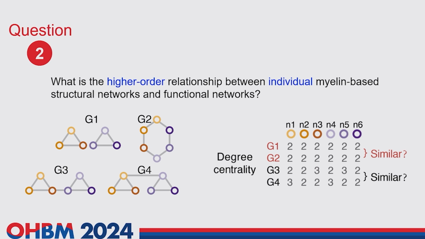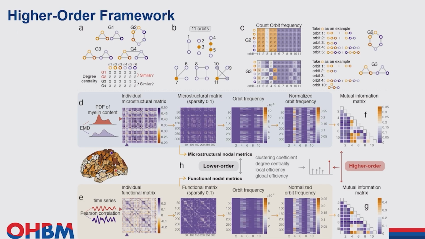G1 is two triangles, and G2 is a circle. G3 and G4 have different degree centrality. However, their topology is the same. They are both two triangles and one path. So, capturing the brain functional or structural network only from the edge or node level is not enough.